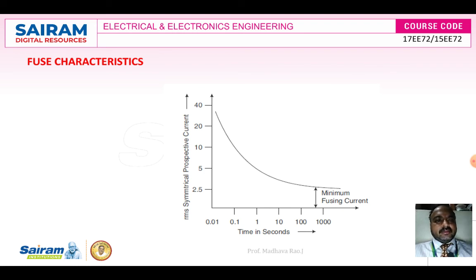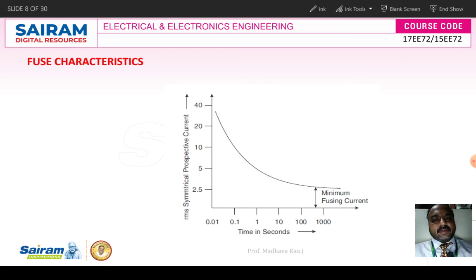Here we can see when the current is 40 amperes, the time taken to melt the fuse is between 0.01 seconds to 0.1 second. When the current is 5 amperes, the time taken for the fuse element is 1 second.